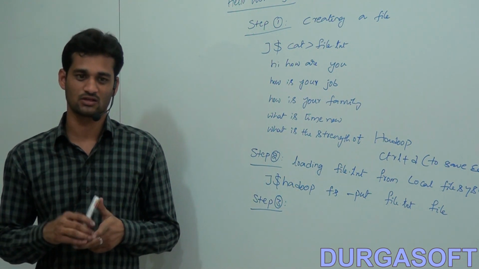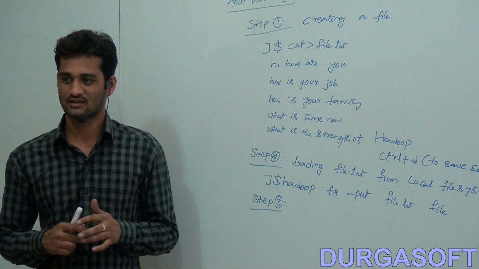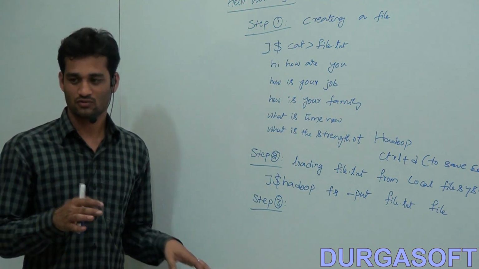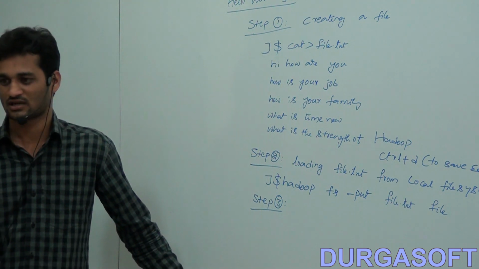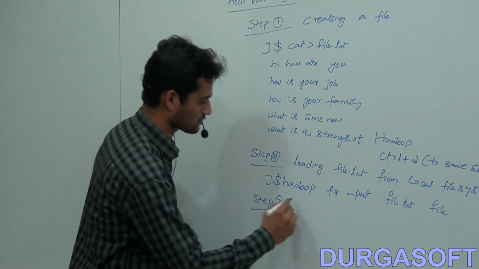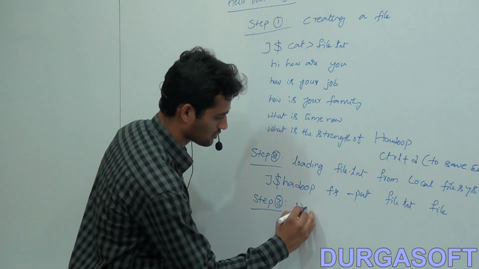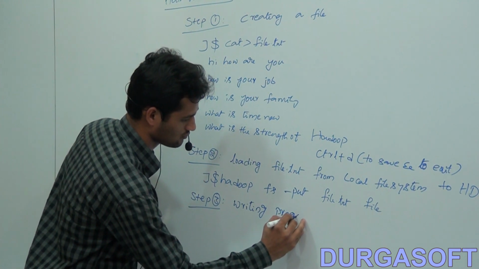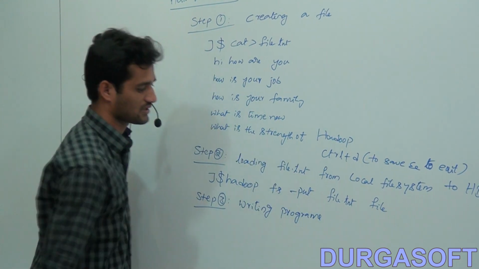If you want to process it, we need to write some program. That program may be a Java program, any other scripting language, any query language, or any NoSQL database language, whatever it may be. You have to write some program. So keep the third step: writing programs.